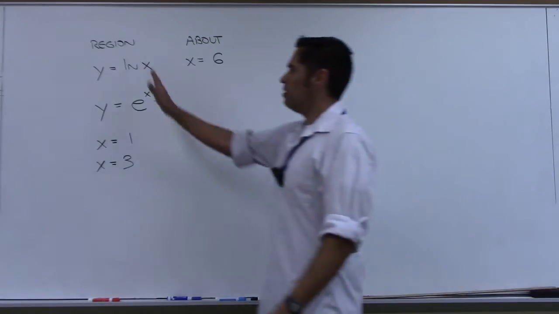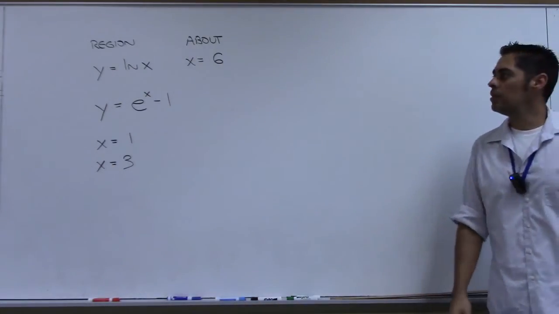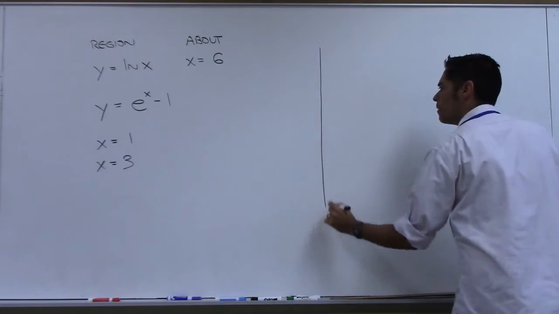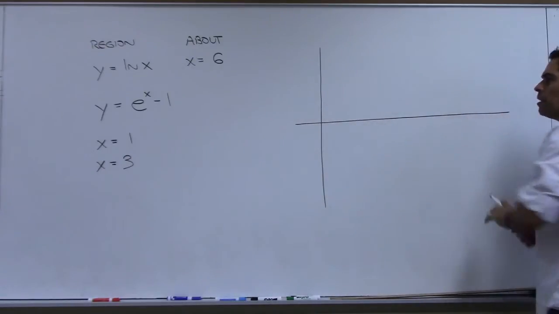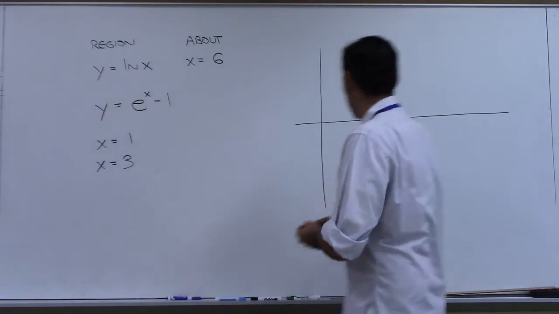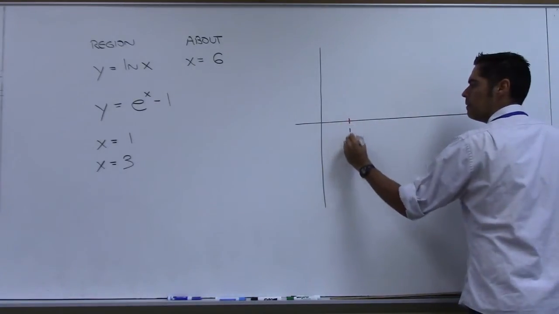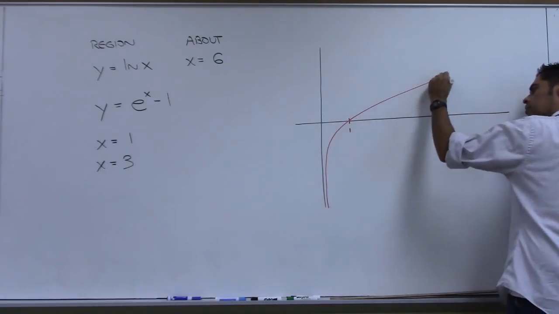So this is the region. This is where you want to rotate it. So let's look at the picture first. Do we all know what natural log of x looks like? Of course, right? Where does it hit the x-axis? At 1. And it goes like that.